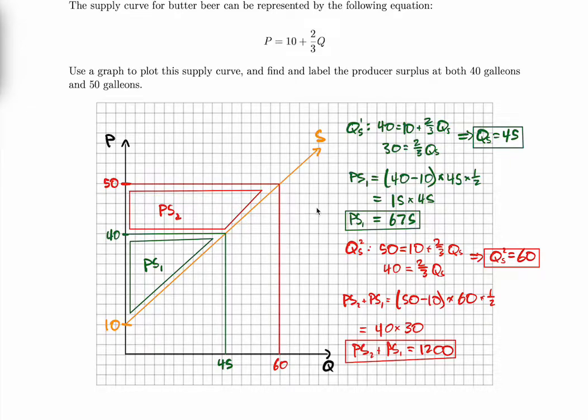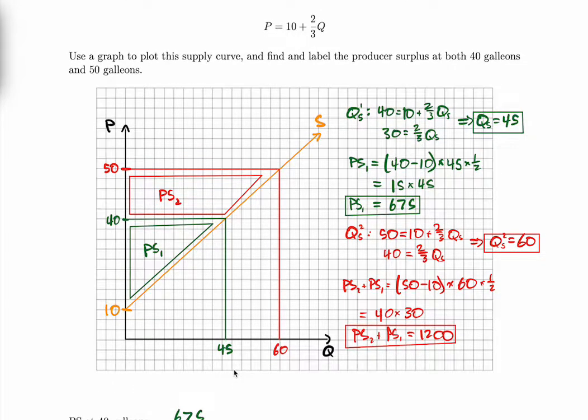At a price of 40, we find the area above the supply curve, below the price, and inside the quantity supplied. And that gives us the sellers' producer surplus.